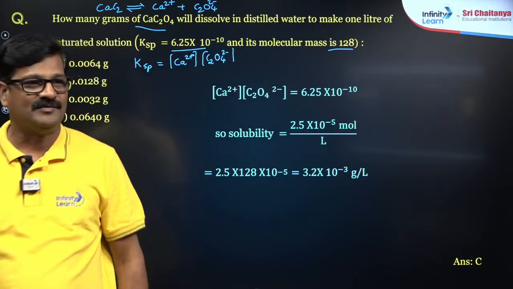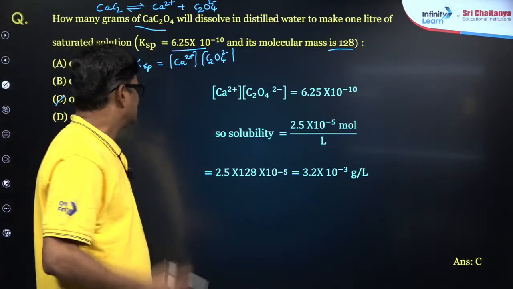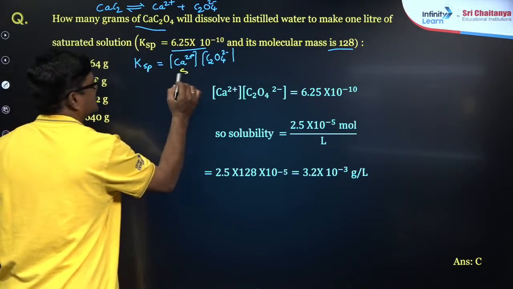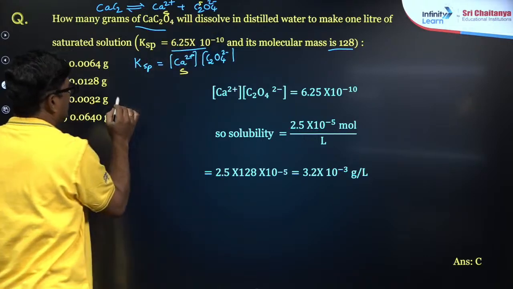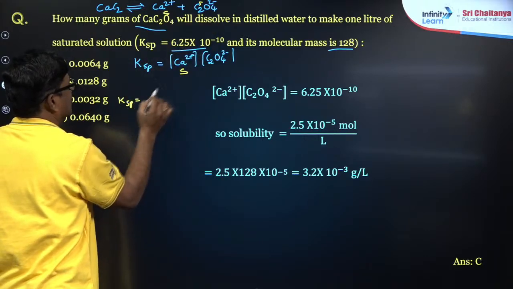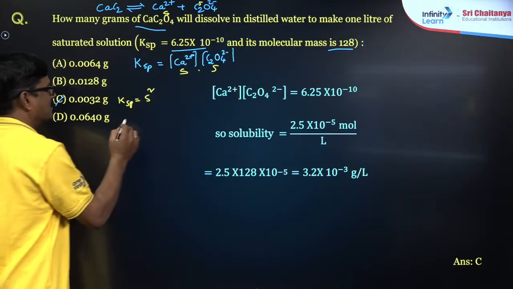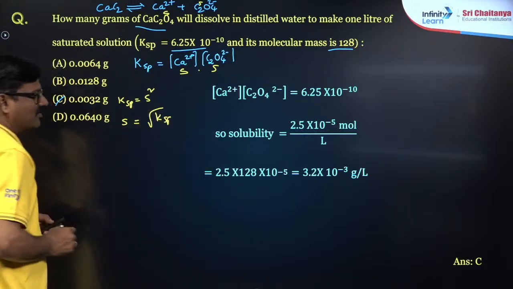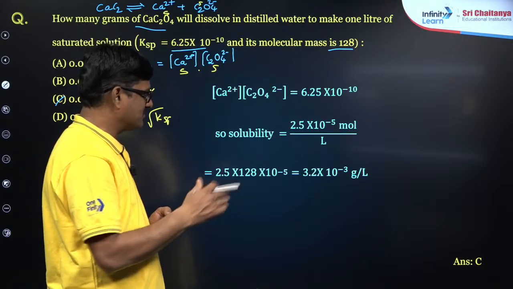Got it? Perfect. Now in this case, the solubility is going to be S and S. So Ksp is going to be S times S, which is S square. So S is equal to root Ksp. On solving, you are going to get 2.5 into 10 power minus 5.